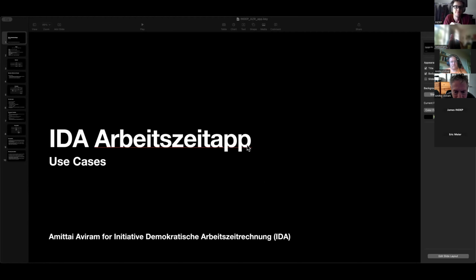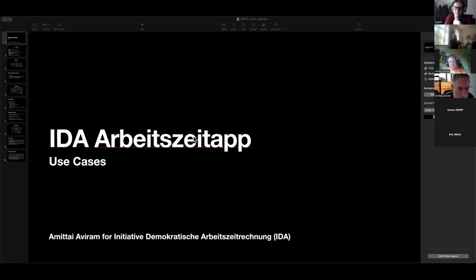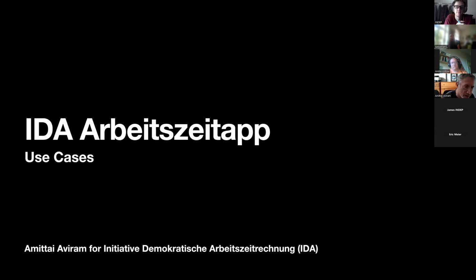All right, here we go. This is wrong, I'm sorry. I don't know why it's doing that because I thought I selected the right one. Just bear with me for a second. Technology works until you need it to. Yeah, exactly. This is very odd. Oh, I see what the problem was. It should say, Ida Arbeitszeitapp. Yes, that's what we see. I'm sorry, I was kind of unnecessarily stressed about that.